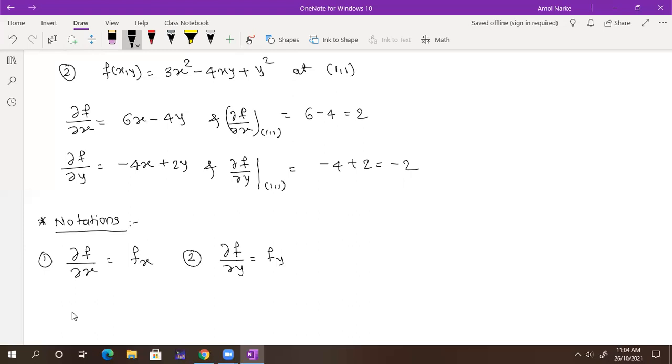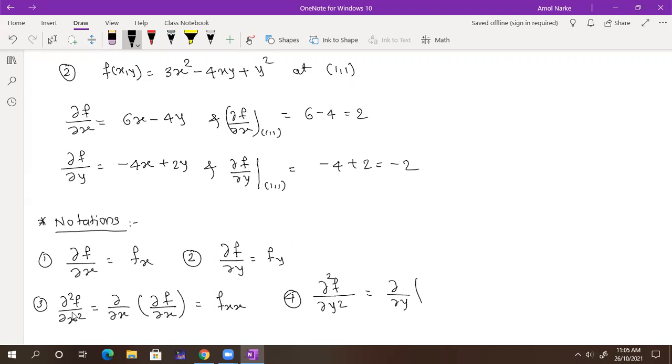Then the third notation is the second order partial derivative with respect to x, using the same rules we have for total derivatives, which is also denoted by fxx. And the fourth notation is the second order partial derivative with respect to y, written in the same way, fyy. These are the first point.